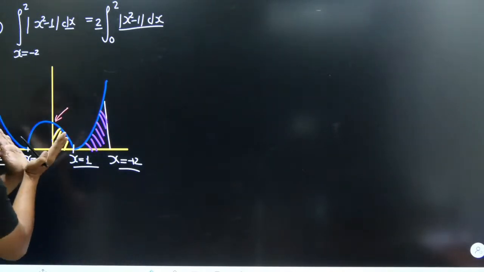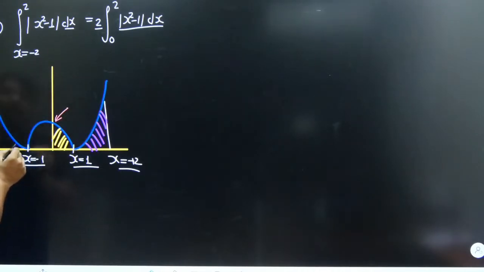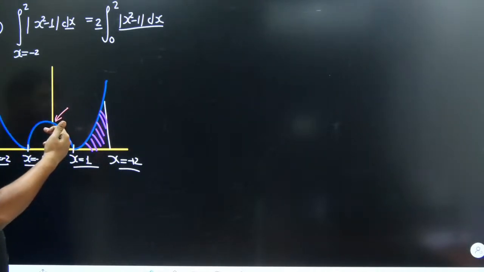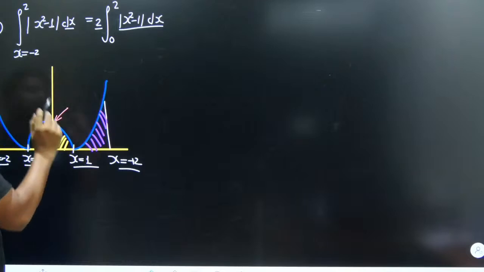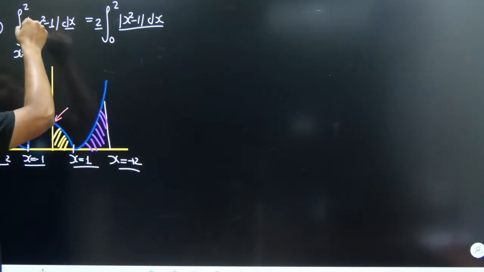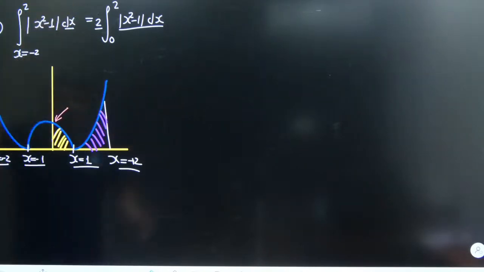See, earlier it was an upward facing parabola. Which type of curve was it? x square minus 1. But now what has happened? x square minus 1 has got flipped, taking the reference of the x axis. That means the complete x square minus 1 got multiplied with the minus sign, as we have been doing earlier.